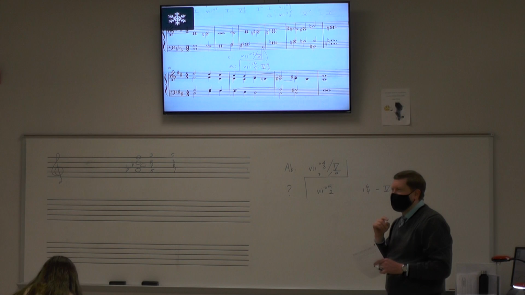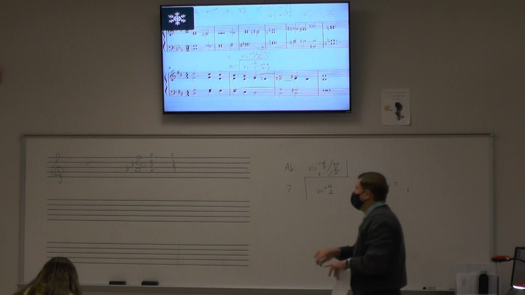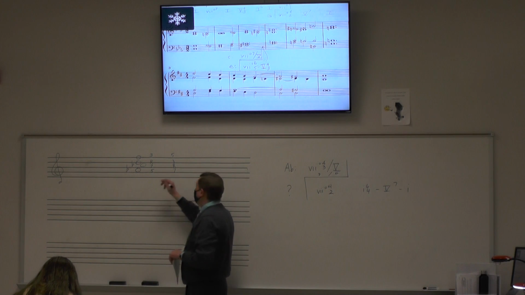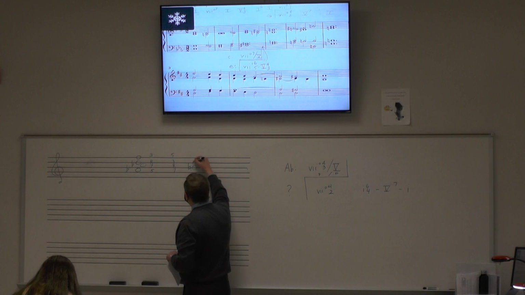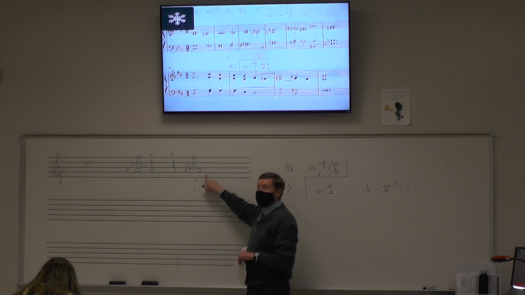Yeah, but that's not a real key, right? So I think you're already thinking enharmonically about this pitch. Spell it as B natural, D, F, A flat, and there you see the seventh is on the bottom.